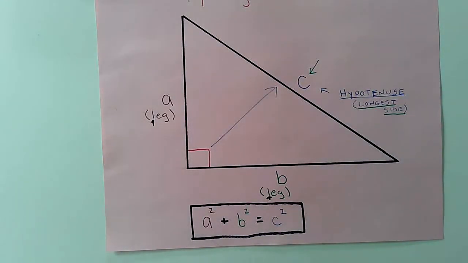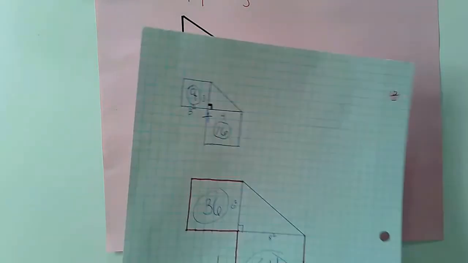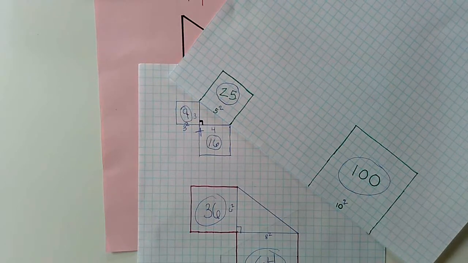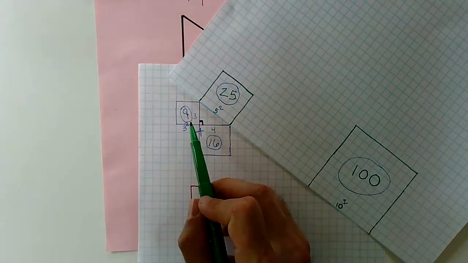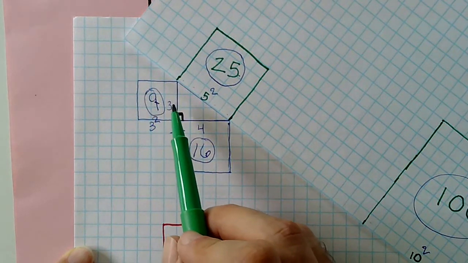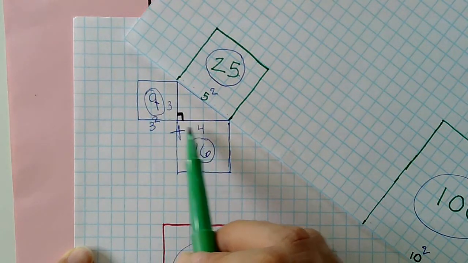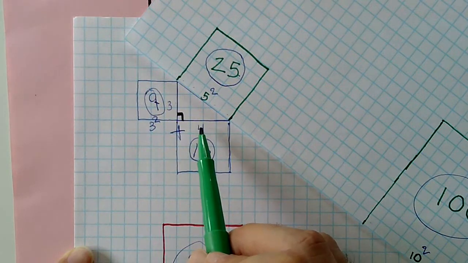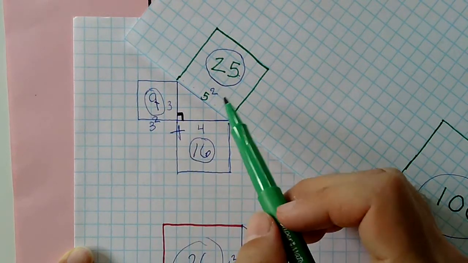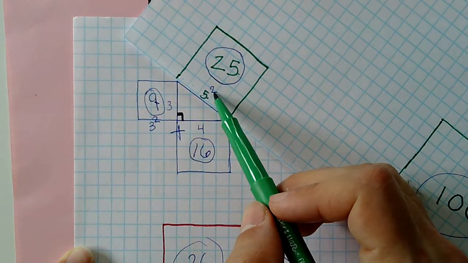And we saw that. I'll give you an example again. This leg squared, A squared, 9, plus this leg squared, or B squared, 16, makes 25, which equals C squared, or 5 squared, which was 25.